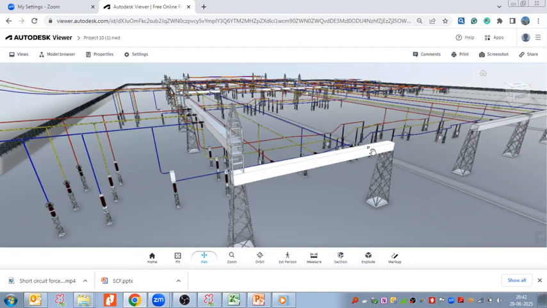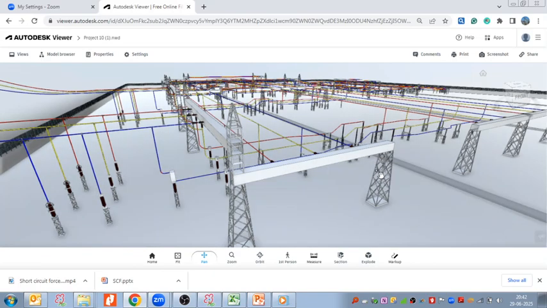The wind speed they will take from the standard, because every country has a zone wise standard wind speed. For example, in India we follow IS 802. In IS 802 the zone wise wind speed is given. Taking that wind speed they will calculate the wind force. The civil engineer will do that automatically.